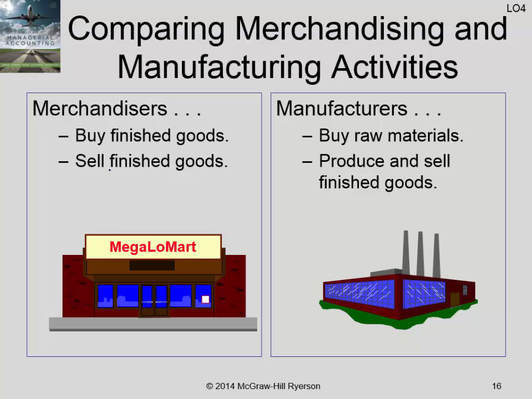So the difference here is merchandisers buy and sell the product. They don't actually manufacture or add much value to the product itself. They may repackage it, but it's not the same as a manufacturer, where they are actually building or creating the particular product in question.